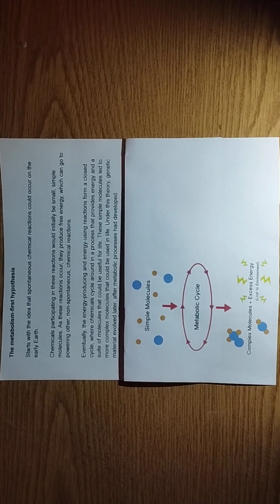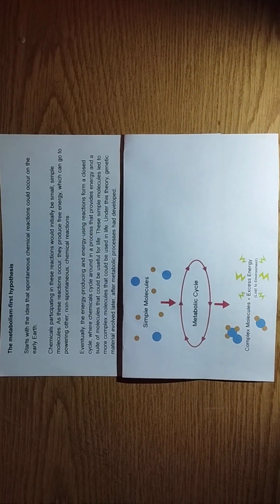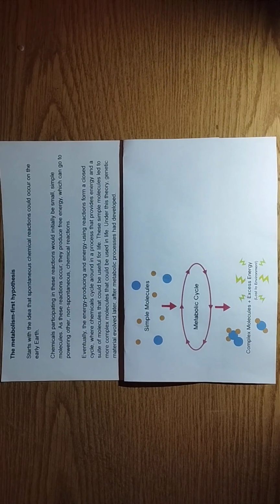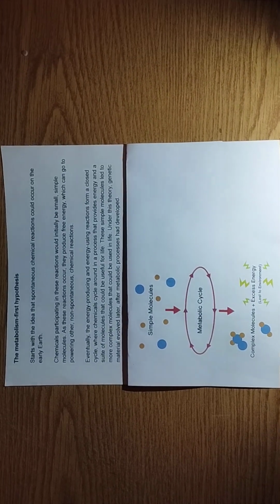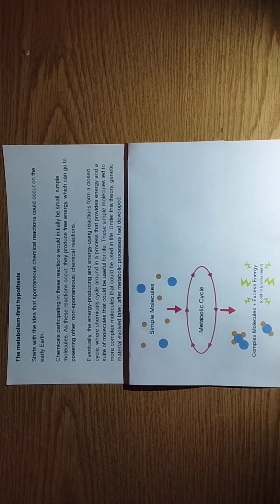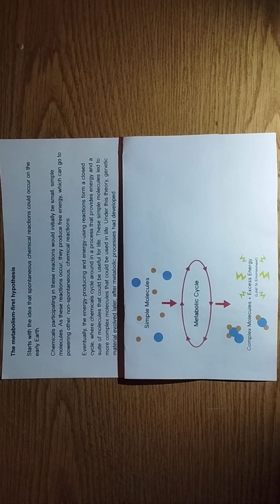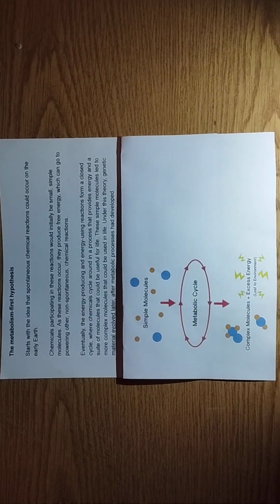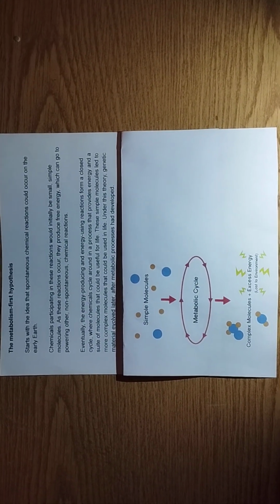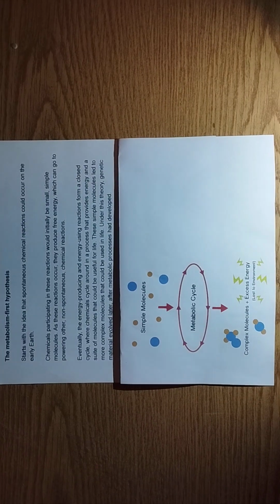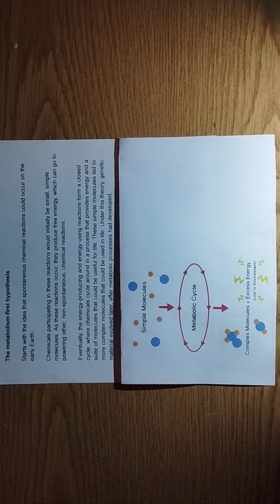Now I'm gonna talk about the metabolism-first hypothesis. It starts with the idea that spontaneous chemical reactions could occur on the early Earth. Chemicals participating in these reactions would initially be small, simple molecules. As these reactions occur, they produce free energy, which can go to powering other non-spontaneous chemical reactions.